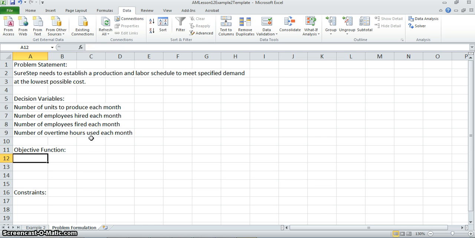An important thing about this problem is that this particular firm has the option, if they need to increase production, of hiring new employees or possibly using overtime hours for its current employees. And the model is able to balance the costs of these things.